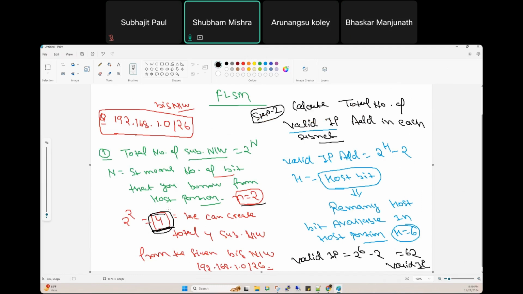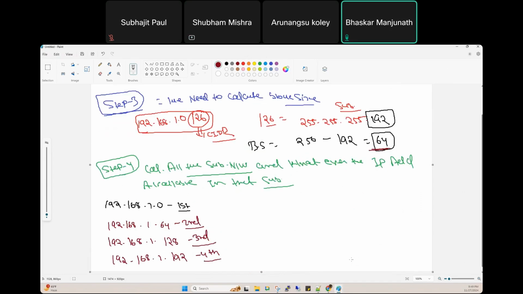It means that is the total number of subnets we can create from this big network. There are four blocks created: first 64, second 64, third 64, and fourth 64. But the last one reaches 256, and 0 is left out, and we use only up to 254.